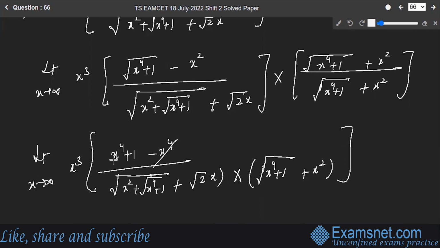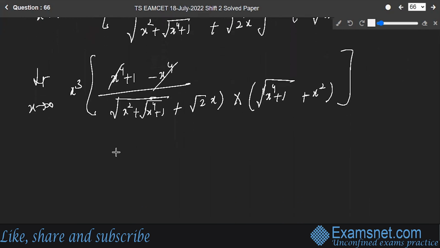So this will cancel and you will be left with 1 upon this whole term now. So limit x approaching infinity. Now let's divide the numerator and the denominator. Wait, this x cubed, now I'm bringing this inside. Limit x approaching infinity. Let it be here. So this is 1 upon.